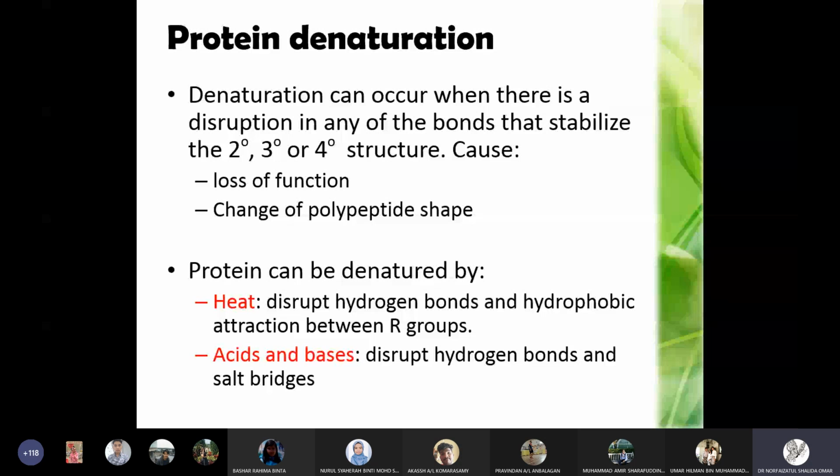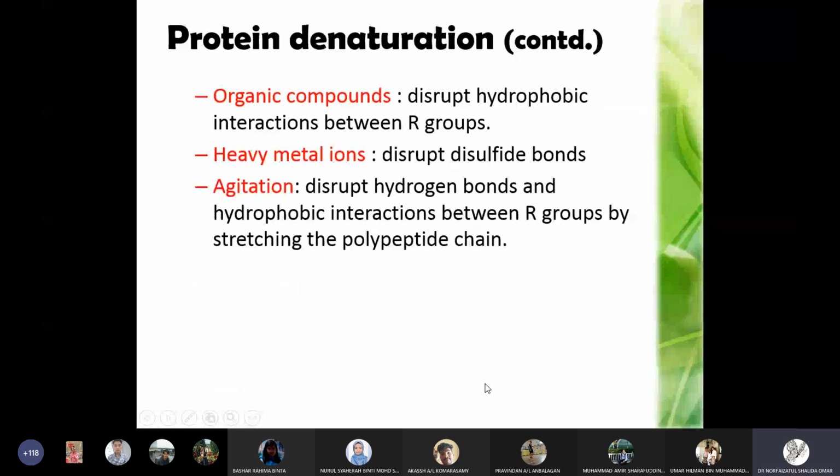This will also change the formation of the enzymes and the hormones, so it can cause the protein to lose its function also. Likewise organic compounds, metals, and agitation can also disrupt the hydrogen bonds and cause the formation to change.